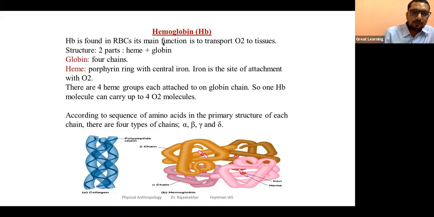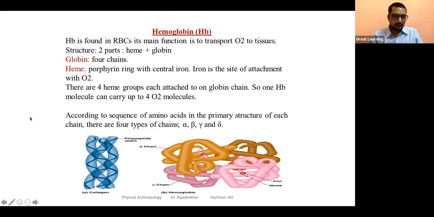So within hemoglobin, there are two parts, heme part, globin part. So you can split hemoglobin into heme plus globin. So heme is the iron part and globin is the protein part.